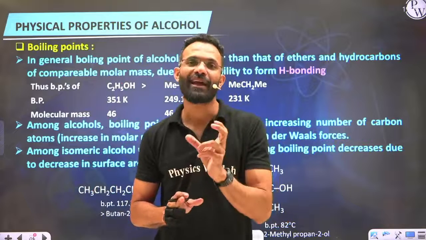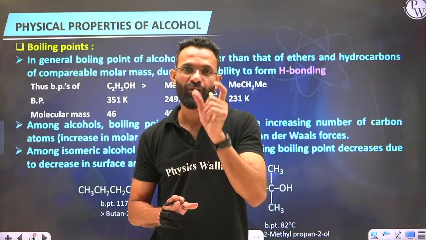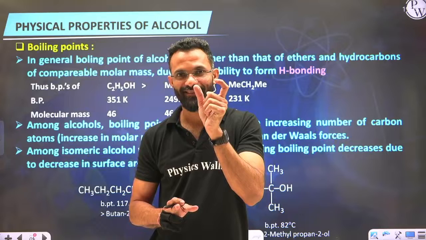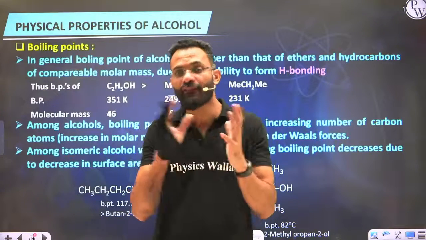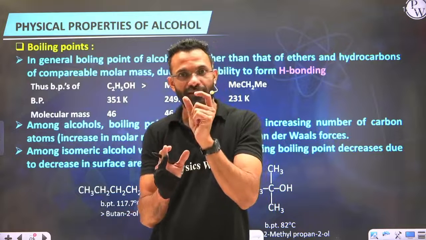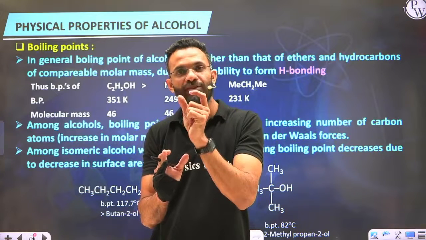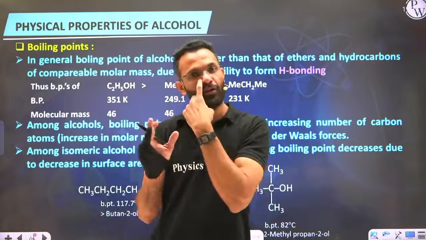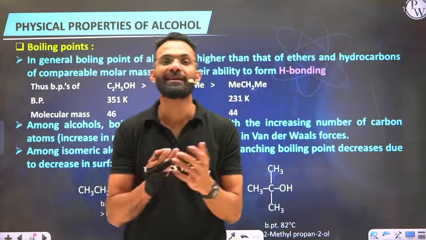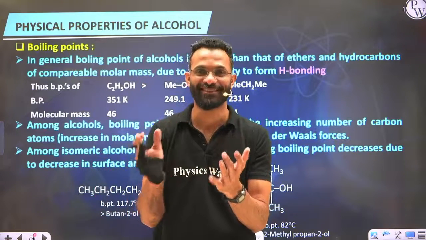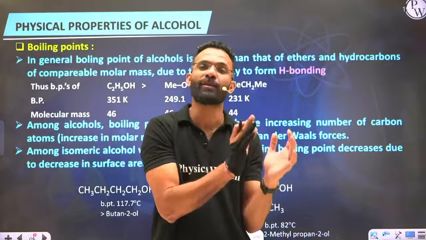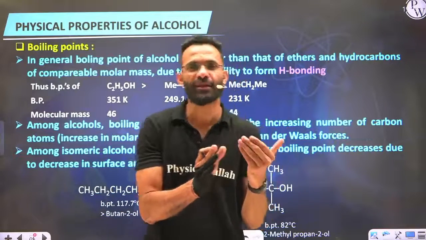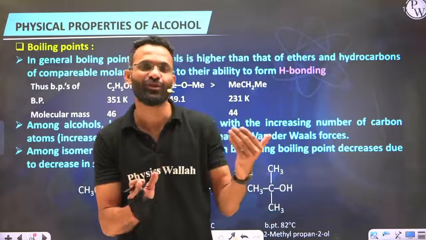So when you look at alcohol, in an alcohol we have got an OH group. Imagine if I have got 50 molecules of alcohol, all 50 will have that OH group. Because of the presence of the OH group, all the molecules of alcohol will be capable of forming intermolecular hydrogen bonds, right? Other than OH, there is an alkyl group as well, which is going to show van der Waals force of attraction.